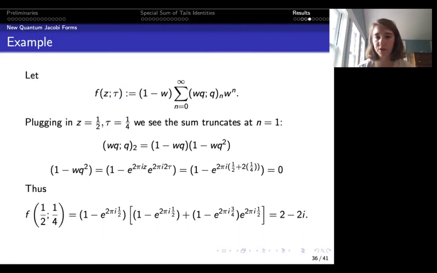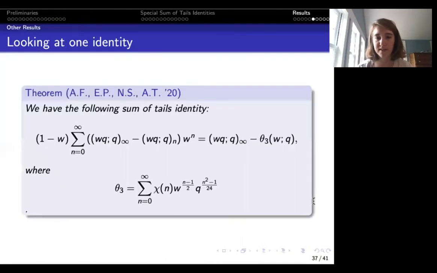Now, the final interesting property of these sums of tails that I'm going to talk about is a relationship between the two variable sums of tails that we found and certain one variable sums of tails. In particular, if we look at our example again, it looks very similar to the one variable sums of tails we found that was related to the Kontsevich function.